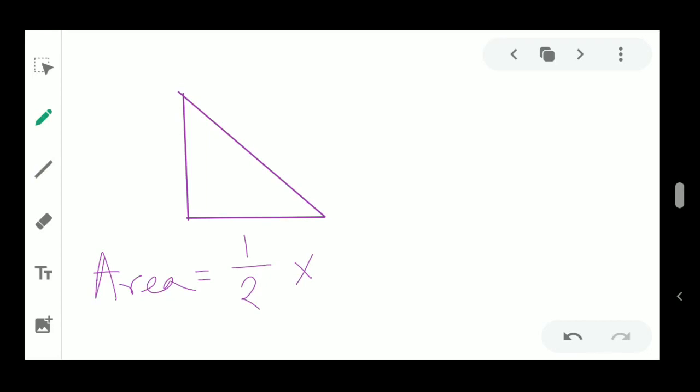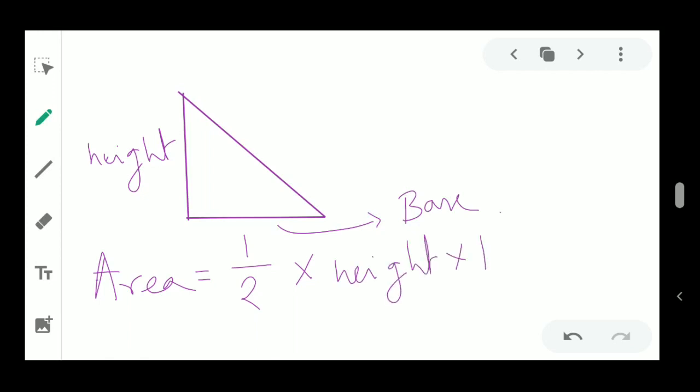You can call this side the height, and you can call this side the base, because it is down, and height because it is high. So half into height into base.